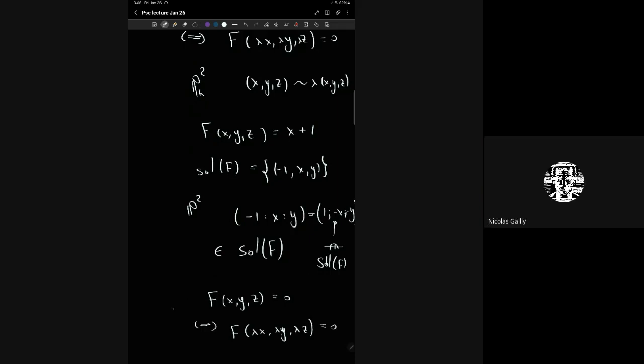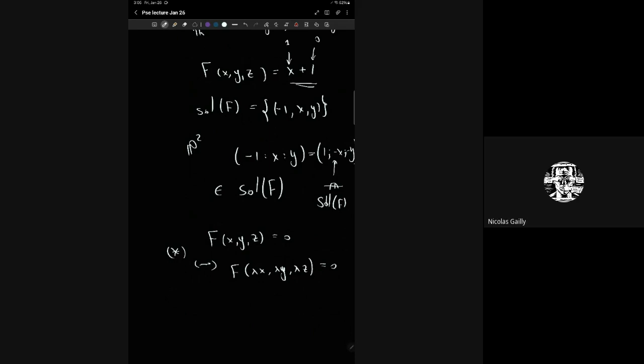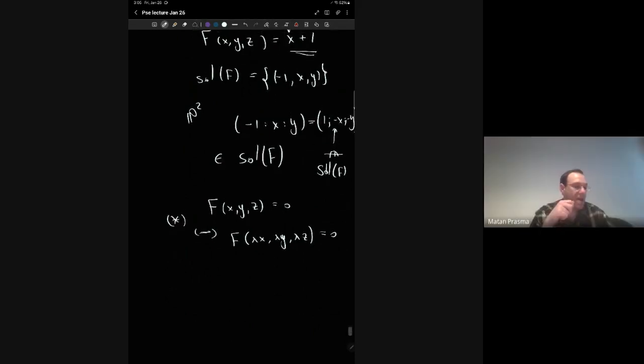But in this case, how does this solve the problem? In this specific example of x plus 1, how does this solve the problem? x plus 1 is not a homogeneous polynomial because it has a monomial of degree 1 and a monomial of degree 0.